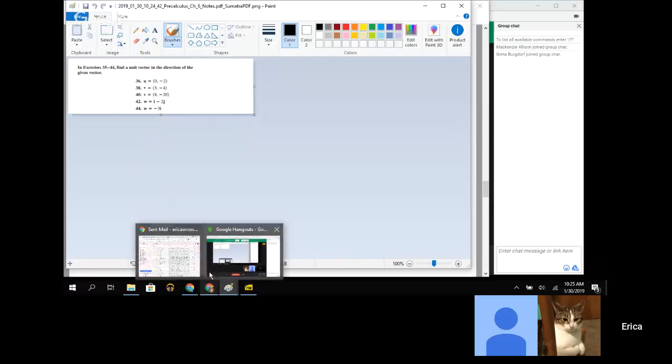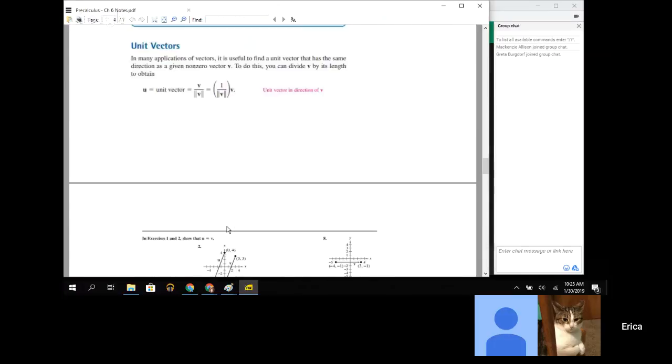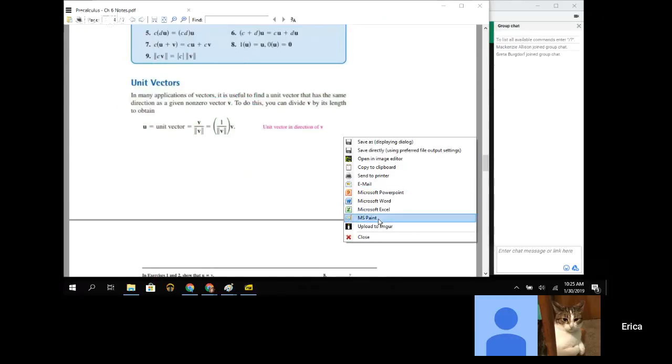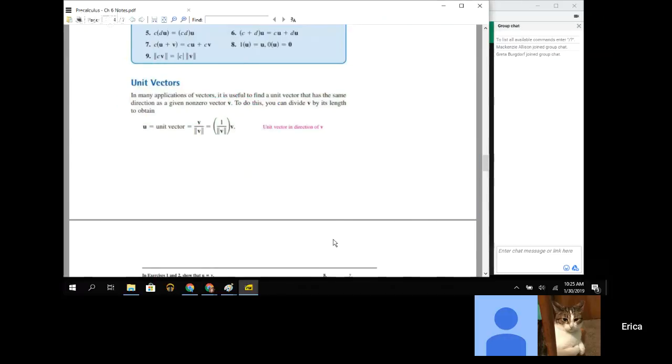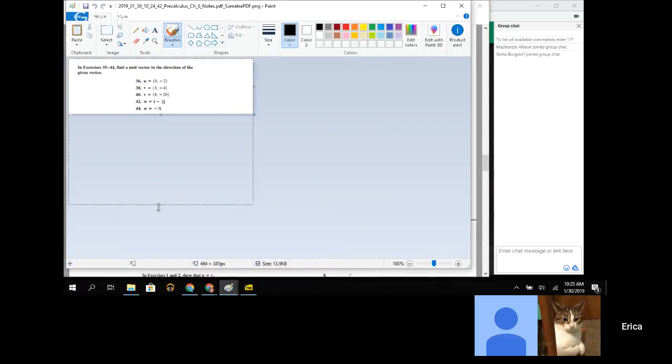Okay. There is, in your notes, a little thing about how to find a unit vector. So let's go ahead and print screen that. Make this bigger so we have our notes here. And paste.